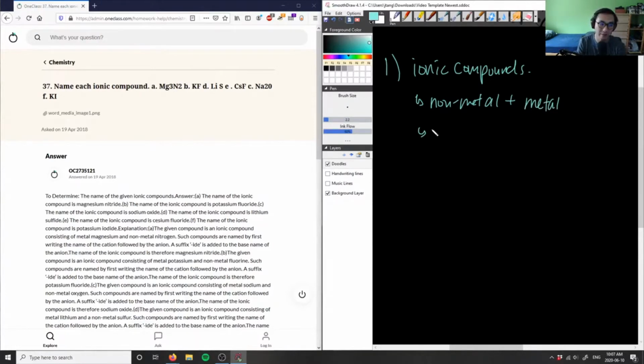There's going to be a cation and also an anion in our compound, because one element is giving their electrons away, and one of them will be accepting their electrons. Our first compound is Mg3N2. So let's define this guy first.